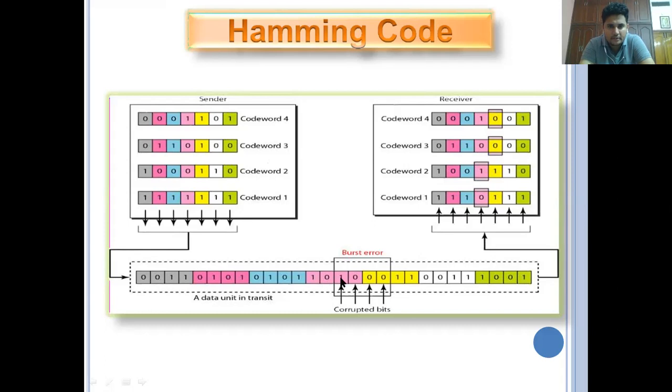Here an error, and here also an error, here also an error, and here also an error. The sender sends the 4 frames, and in every frame one bit is modified.